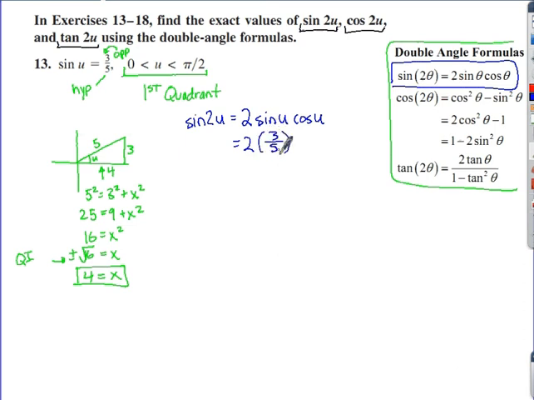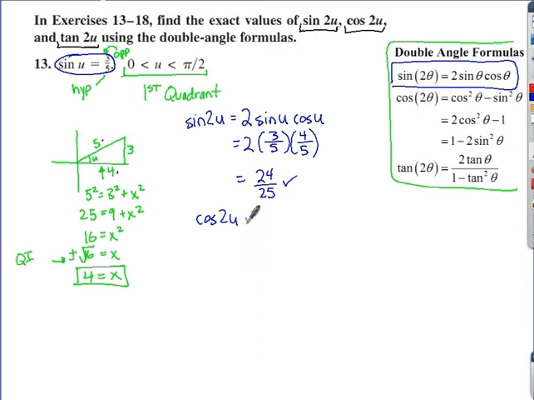That comes directly from the question. And cos u is adjacent over hypotenuse, so that's 4 over 5. And so there's our answer. 2 times 3 is 6, times 4 is 24 over 25. Check. One thing done.